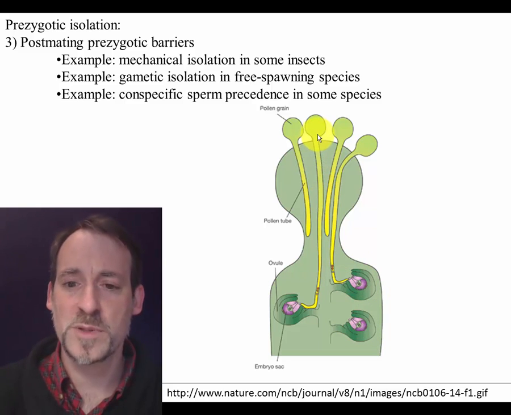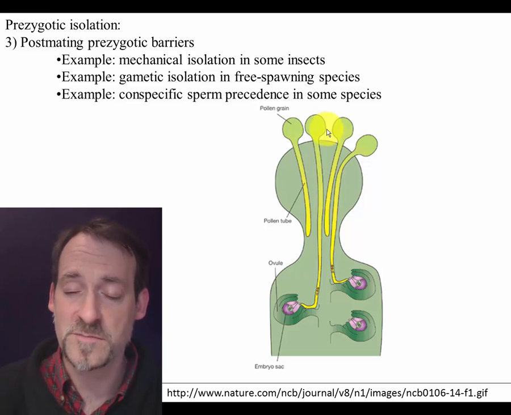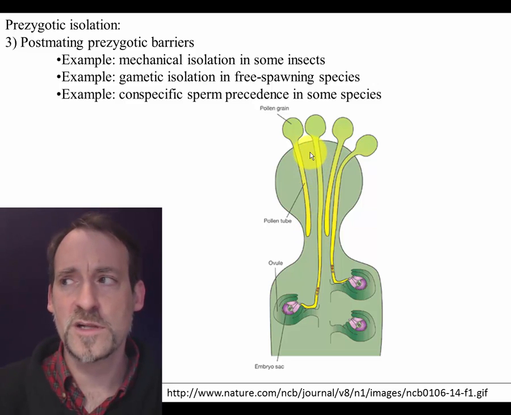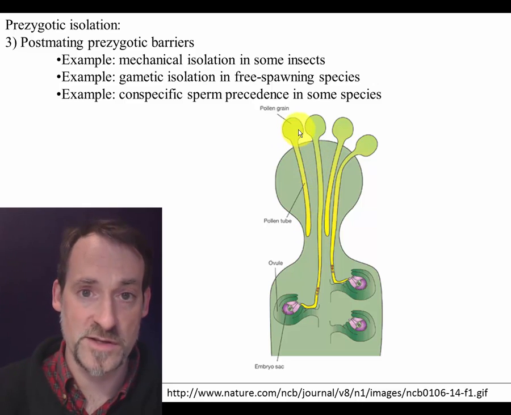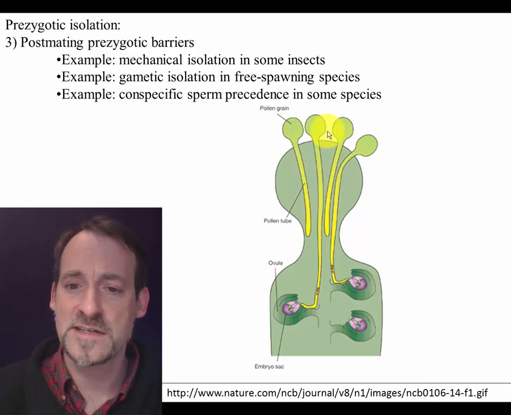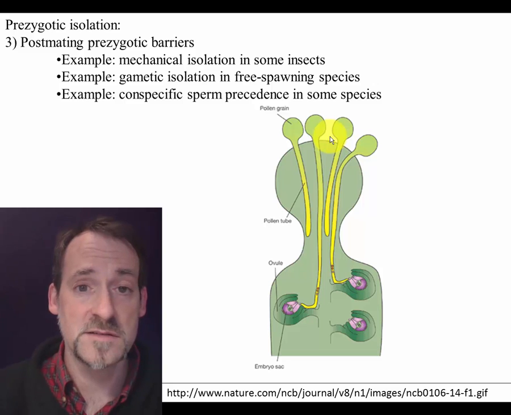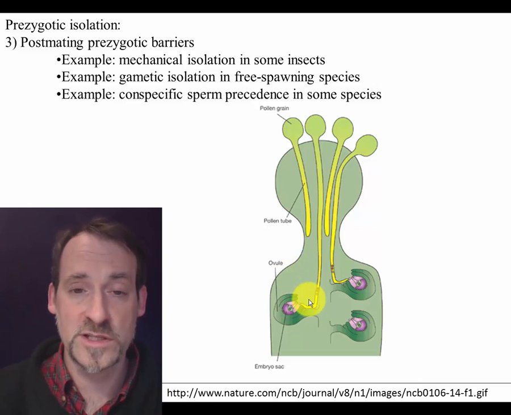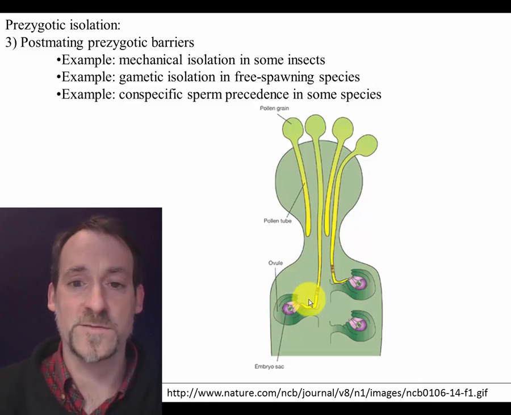In many species of plants, the sperm from the same species of plant grows very, very rapidly through the pistil. But pollen from closely related species, if it lands on that stigma, grows much more slowly. And so more often than not, the pollen from the same species, that's what conspecific means, it means within the same species, wins the race to get a pollen nucleus into that ovule and fertilize the egg cell.